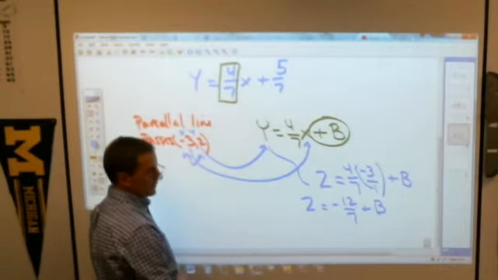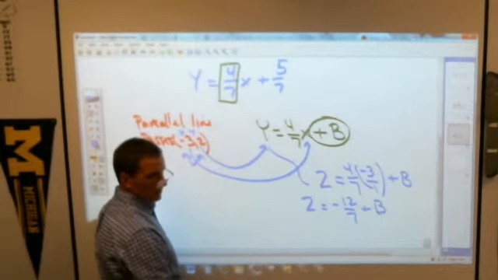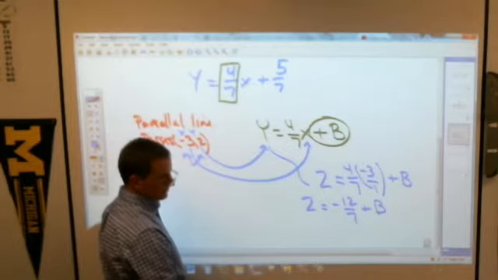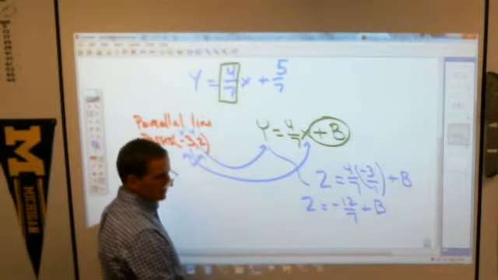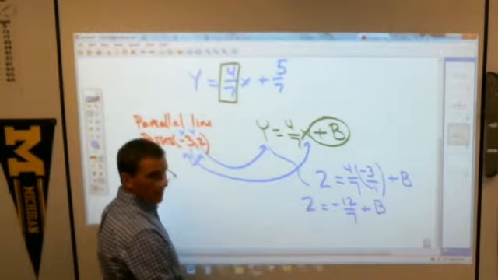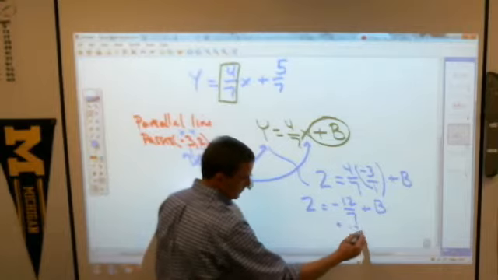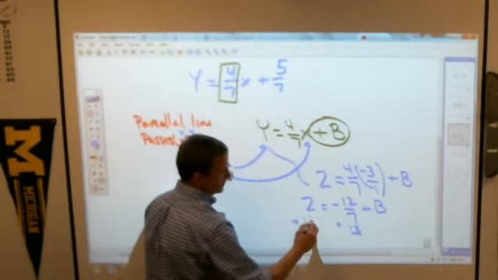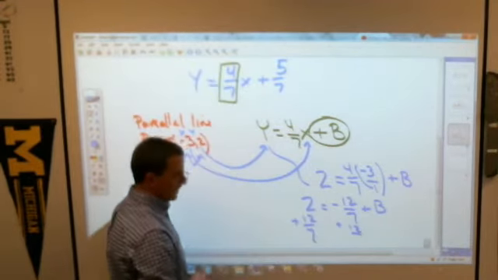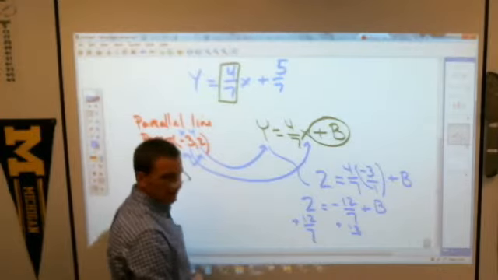How do I get b by itself? You add 12 sevenths, because that moves it from this side to this side. I add 12 sevenths. Now here's where, this is why you're in 8th grade, but how do I add 2 and 12 sevenths together?